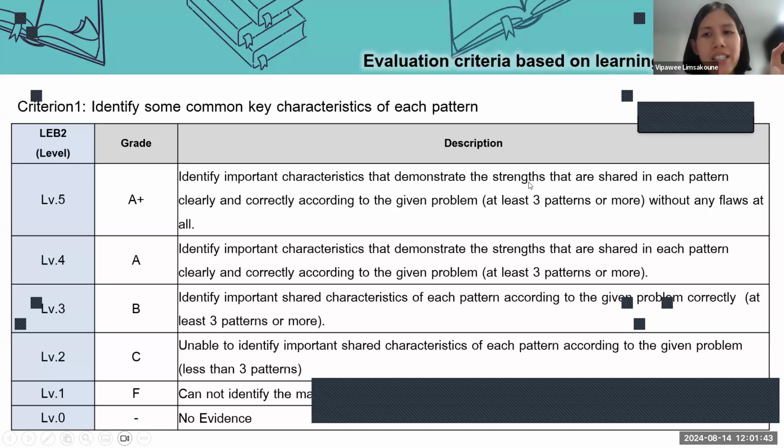In parentheses here, you have analyzed at least 3 patterns or more, and additionally it is without any flaw at all. Okay, you will receive level 4 if there's still some flaw. Level 3, if it is not clearly explained.